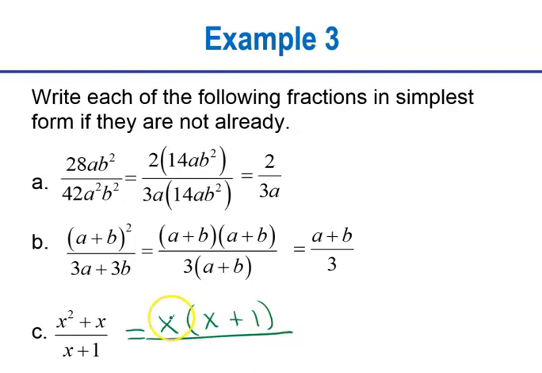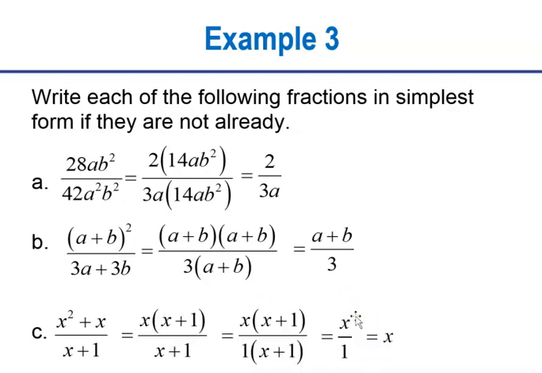Multiply it back in just to check. X times x is x squared. X times 1 is x. In the denominator, we still have x plus 1. And you can see that canceling these x plus 1s is no different than 2 divided by 2 is 1. This is x plus 1 divided by x plus 1 is 1. And that leaves us with just x as our final result.